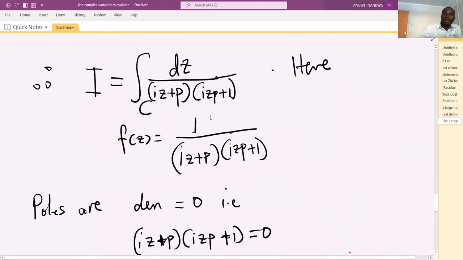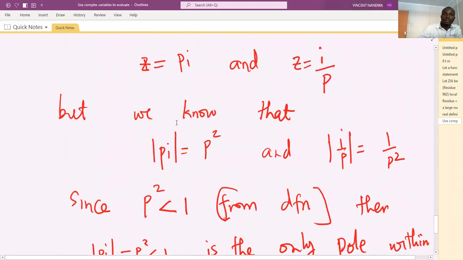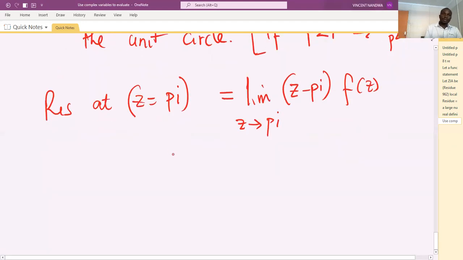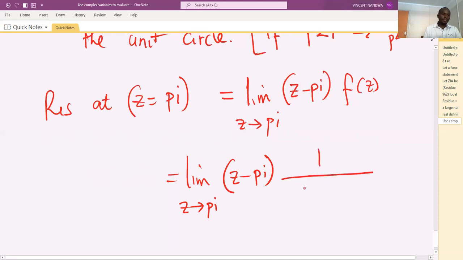Then f of z is 1 divided by iz plus p. So we say this is the same as limit z approaches pi, z minus pi, f of z is 1 divided by iz plus p times izp plus 1.